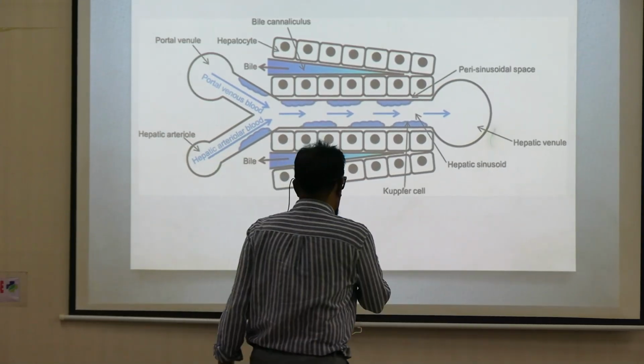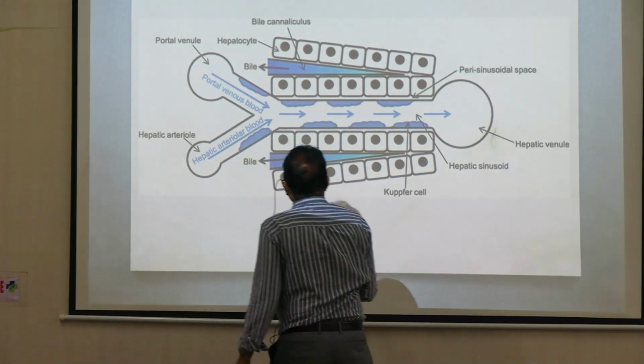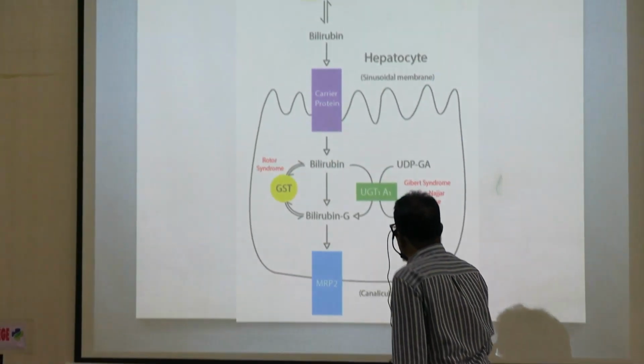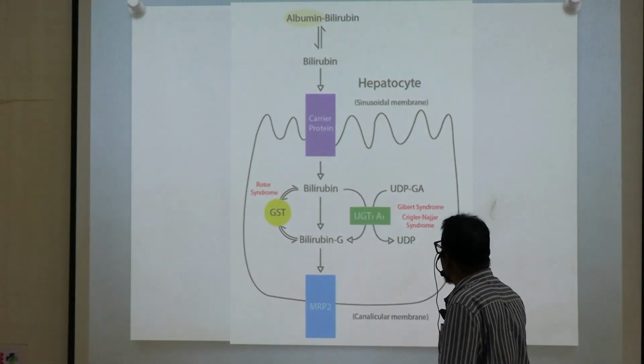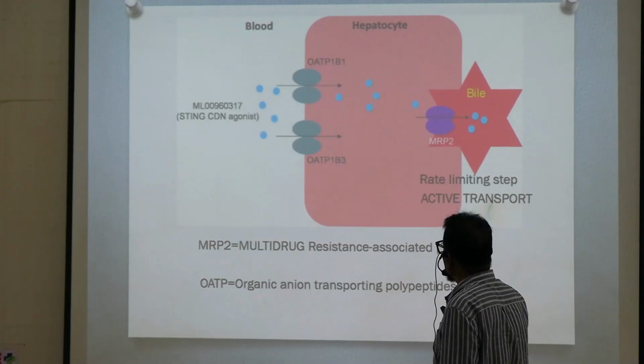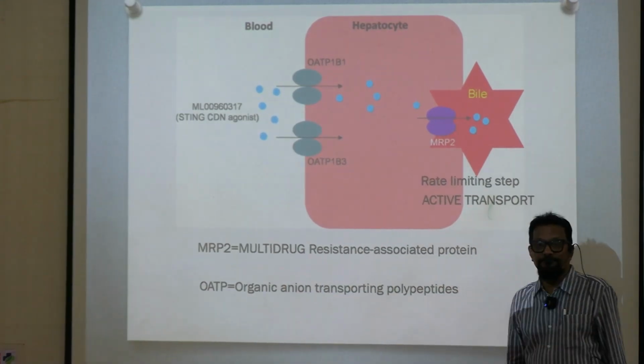Secretion into the bile canaliculi takes place with the help of MRP2. What is MRP2? Multidrug resistance-associated protein.